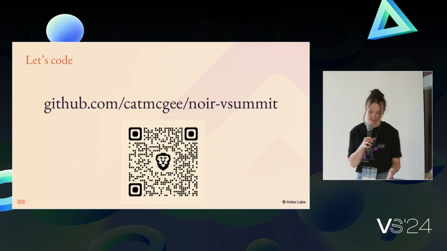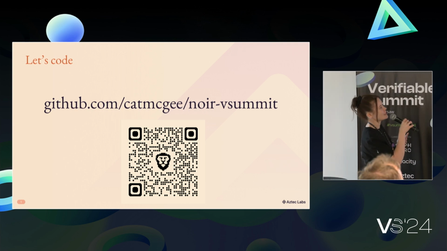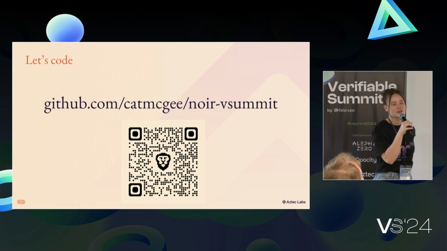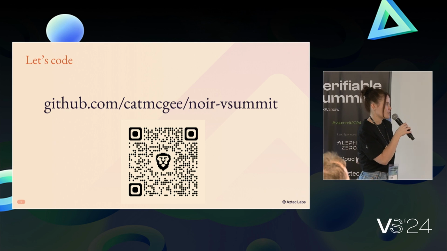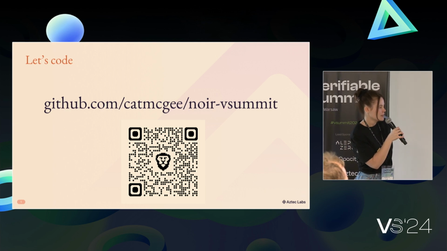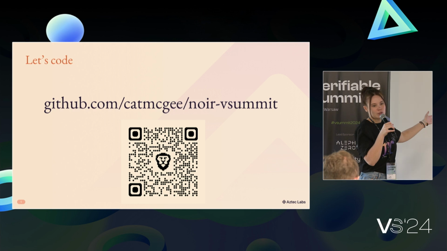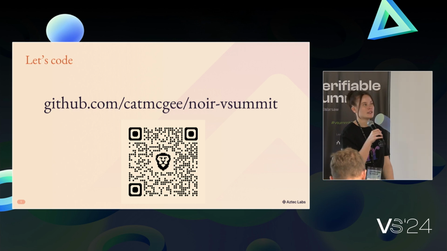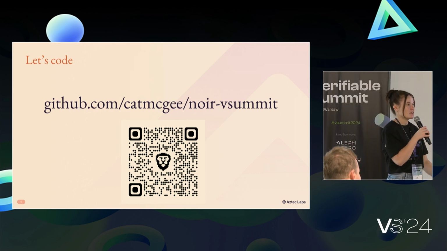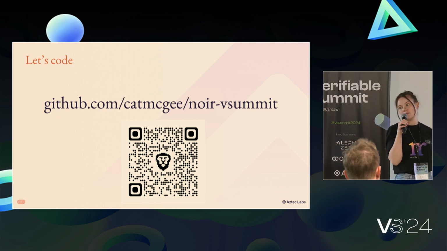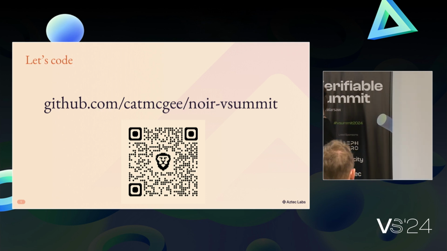If you're interested in looking at the code that I'm going to be doing today, you can scan this or just go to this on your laptops. There's 4 circuits in it that we're going to go through. One is just the one that I've showed you, and then there's a couple of others that are various things that Noir is capable of, recursion as well, and some other stuff.